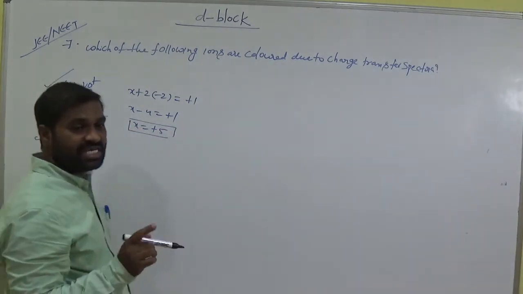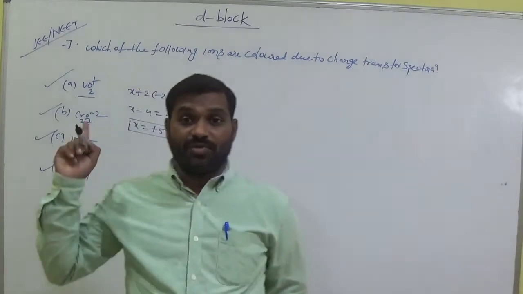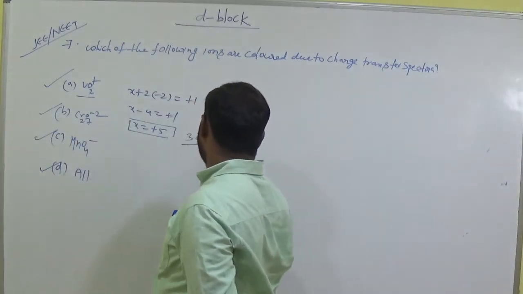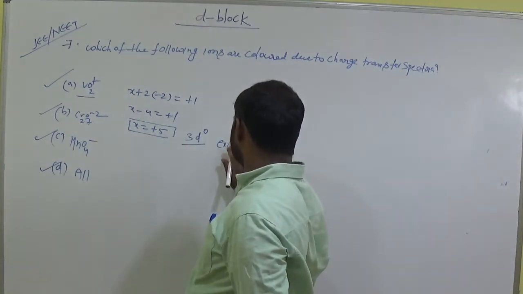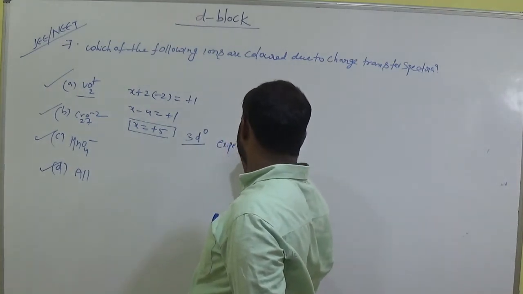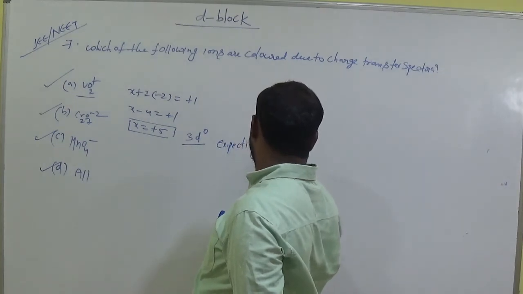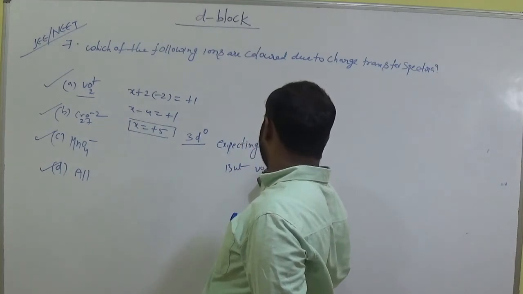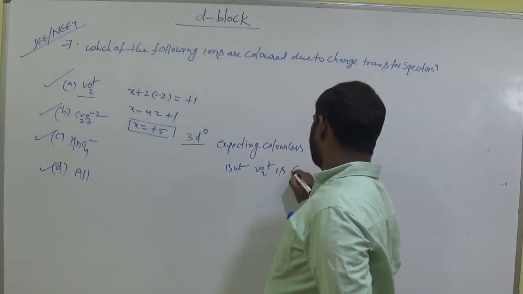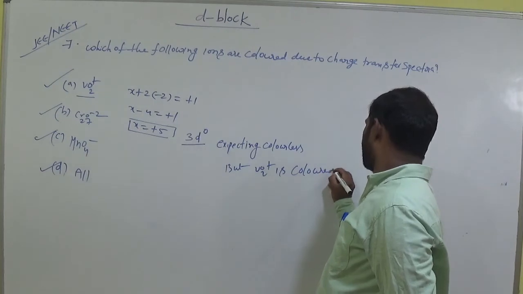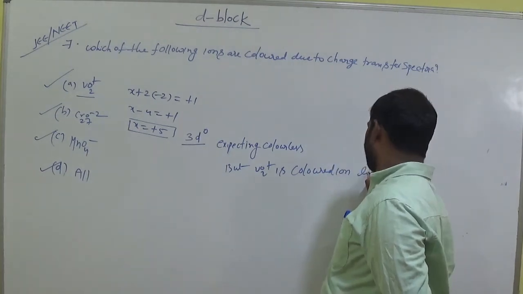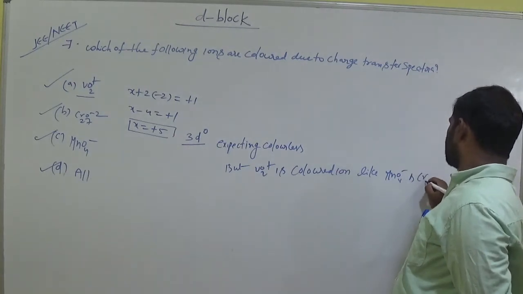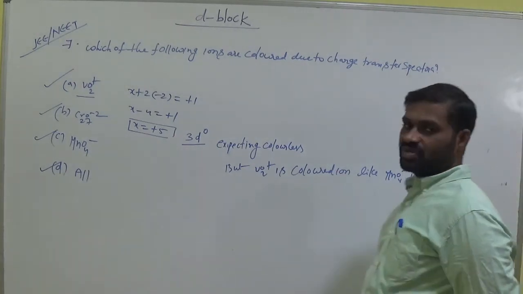Here charge transfer takes place from oxygen to vanadium plus 5. V plus 5 has 3d0 configuration, so we expect it to be colorless, but VO2 plus is a colored ion, like MnO4 minus and Cr2O7 minus 2. What is the reason?